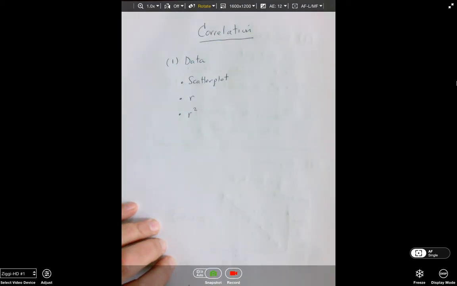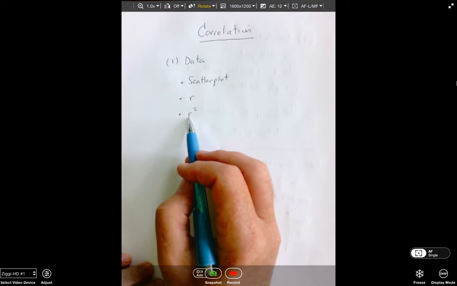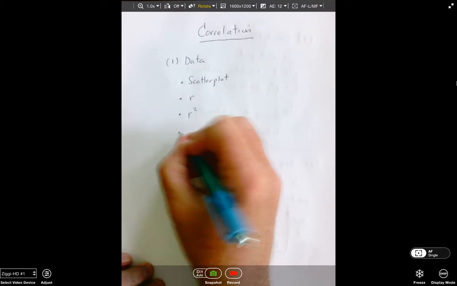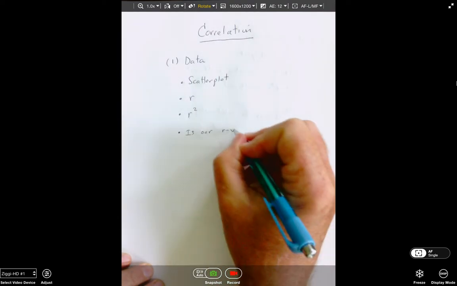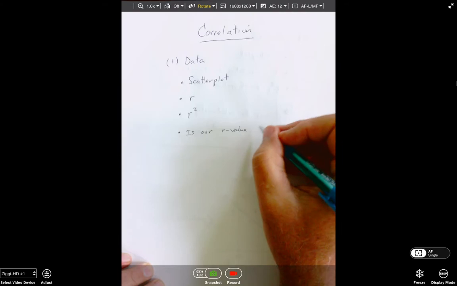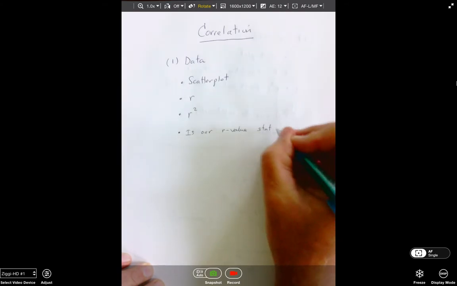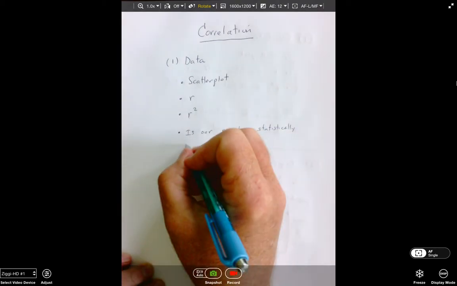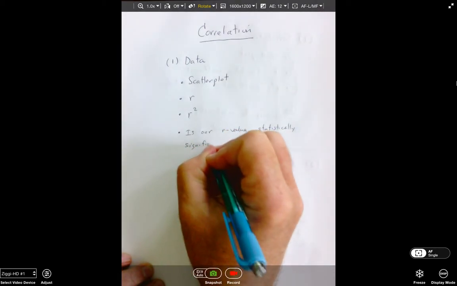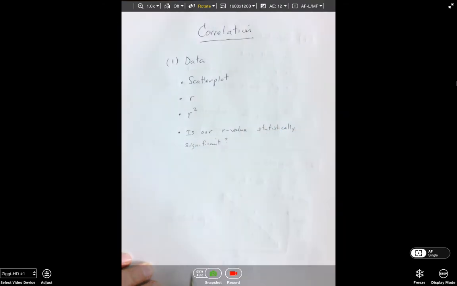And we're going to calculate R squared, the coefficient of determination. We're also going to learn how to interpret these. A final thing we're going to address is: is our R value statistically significant? Okay, so those are the four things that I'm going to teach you how to do in this video. Important video, guys.